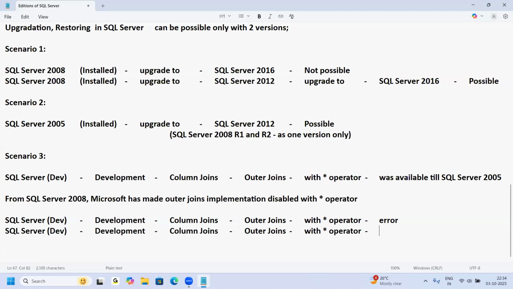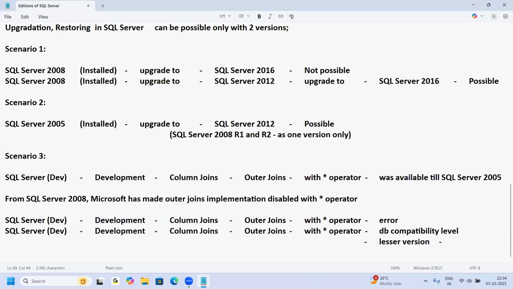You change the database compatibility level. Take the database compatibility level to a lesser version. What is the lesser version?